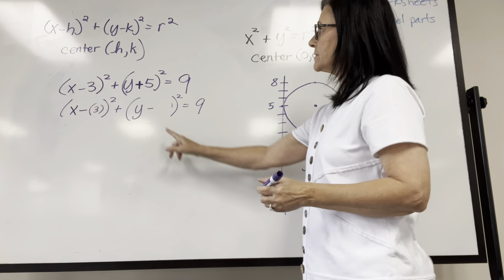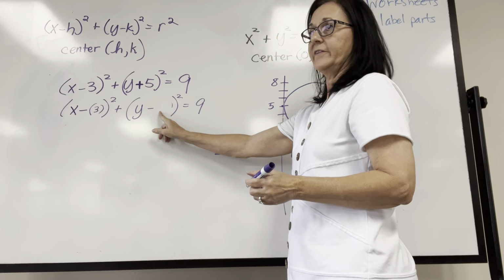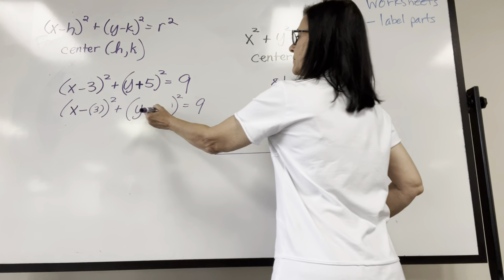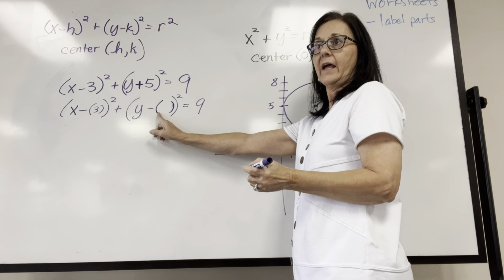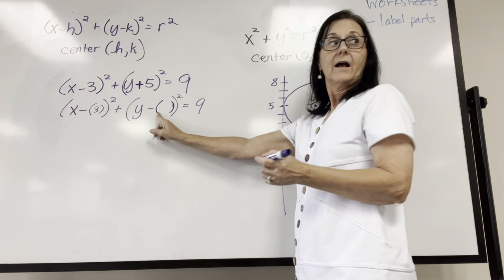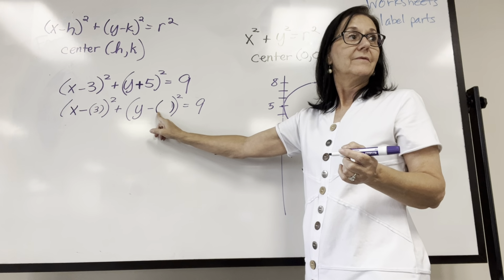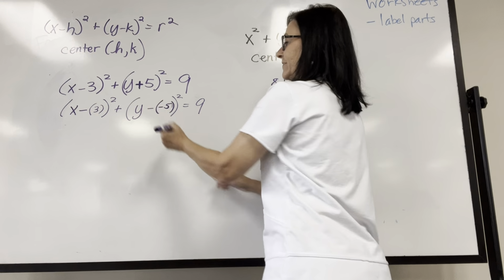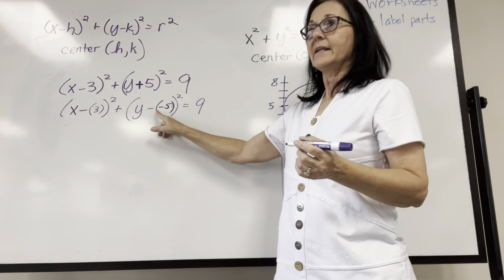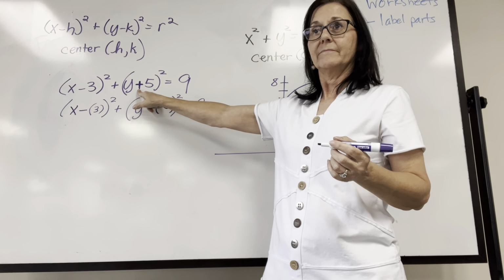It's minus the value of k. So what must be the value of k if it's minus the value of k? I heard you. What'd you say? -5, because minus a negative gives me a positive.